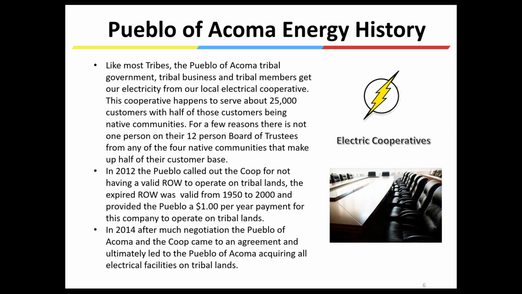And the agreement that was signed back in 1950 provided $1 a year in payment to the Pueblo from the company to operate on tribal lands. And to this day, they still think that's fair compensation because they're providing us electrical service. But our argument would be, we're paying for that electrical service. It's not being provided free of cost.